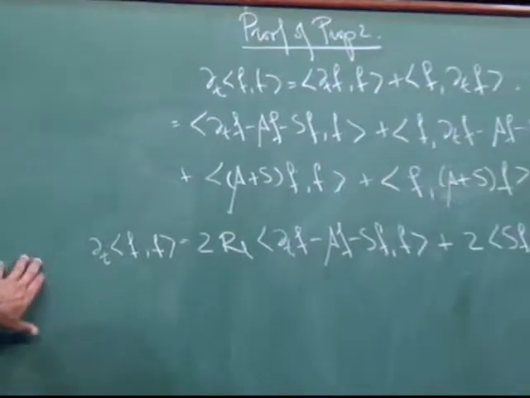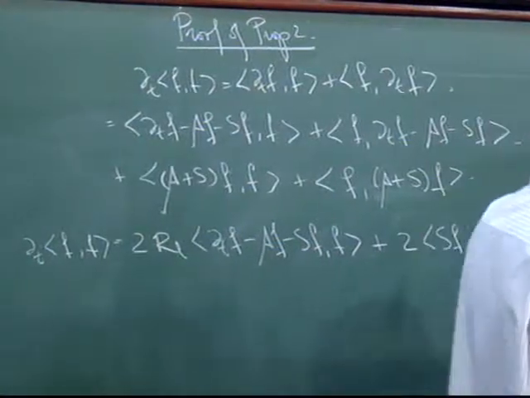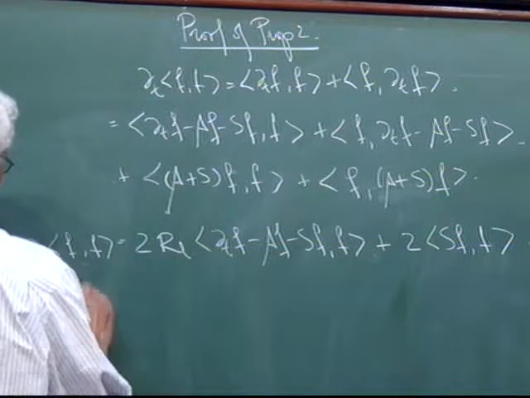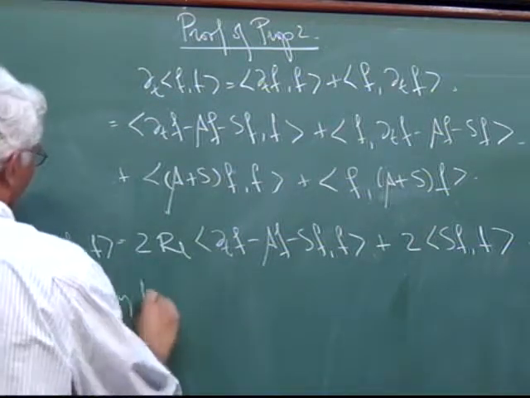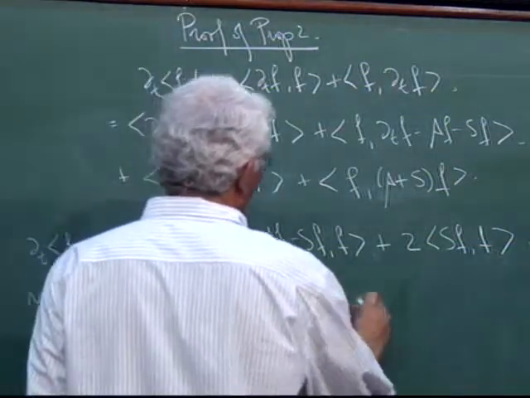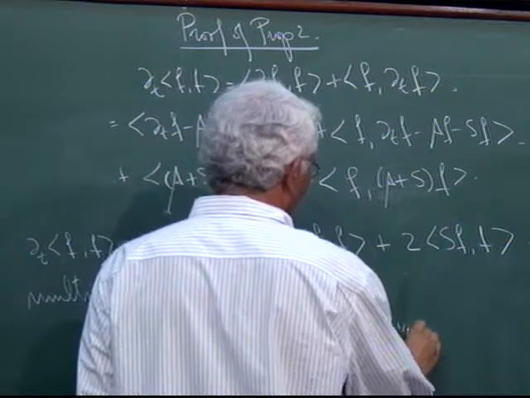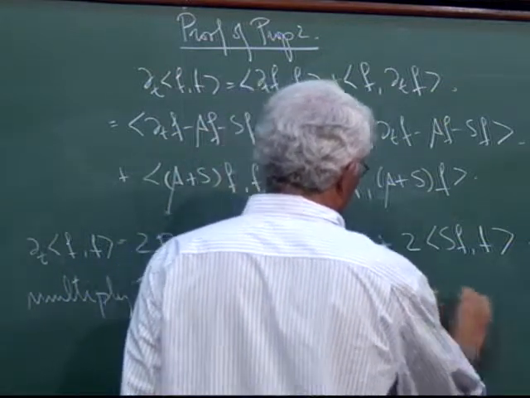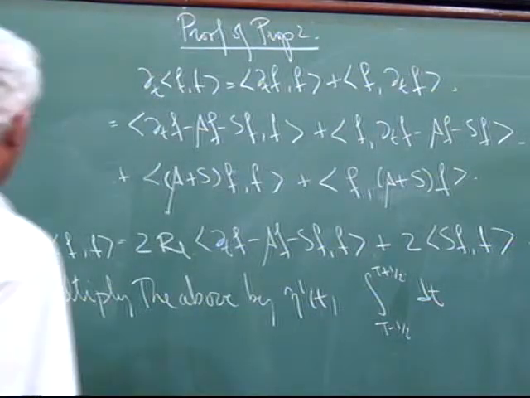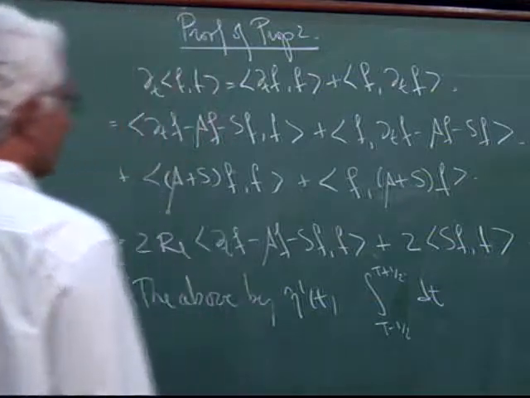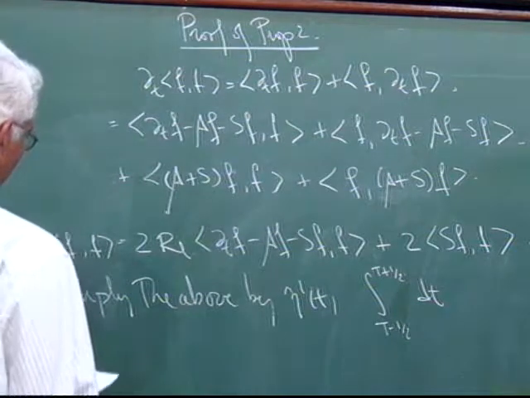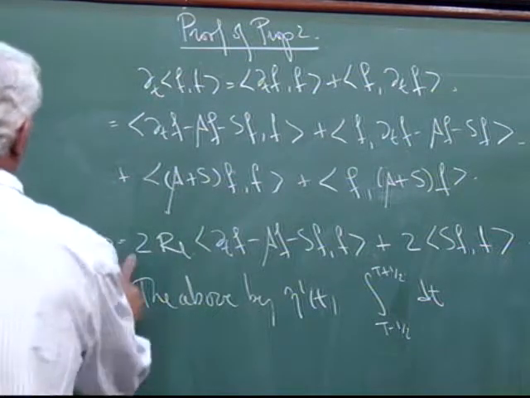Now we are going to multiply by eta and integrate by parts. Multiply the above by eta prime of t and integrate between t minus 1/2 and t plus 1/2 dt. Okay, then what are you going to get? Let's do the pieces separately. Let's do this part.